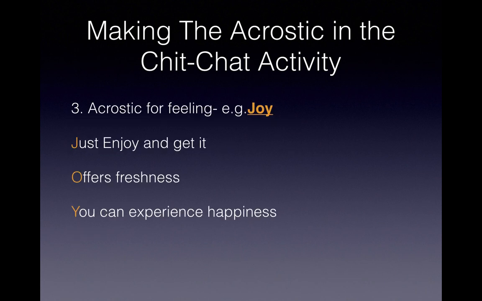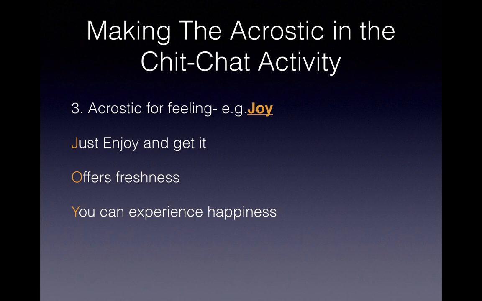Then acrostic for a feeling. So any feeling, happiness, sadness, joy, or anything. So here the example given is joy. So what is the acrostic here? Just enjoy and get it. When we enjoy something, we will get joy, and that's why J, just enjoy and get it. O, offers freshness.